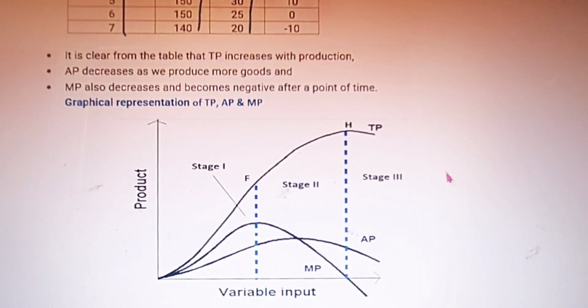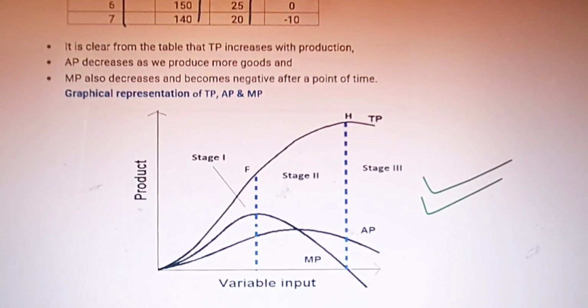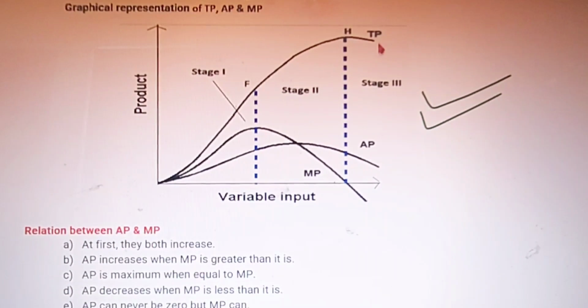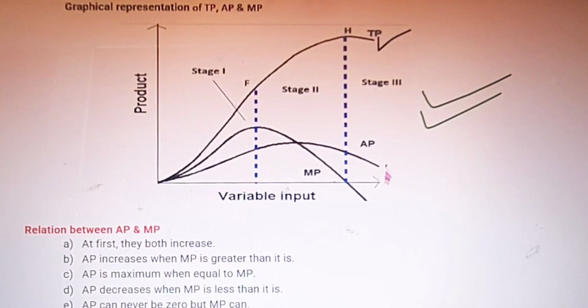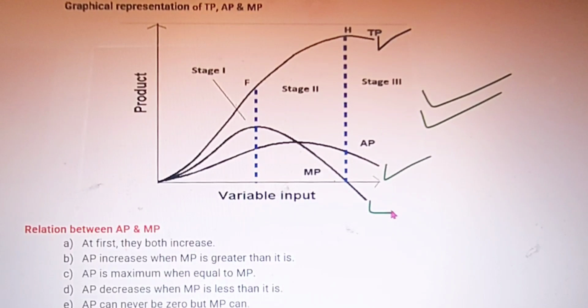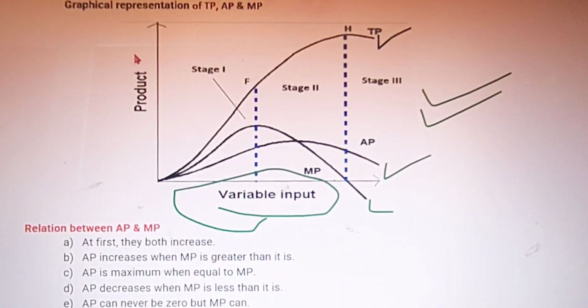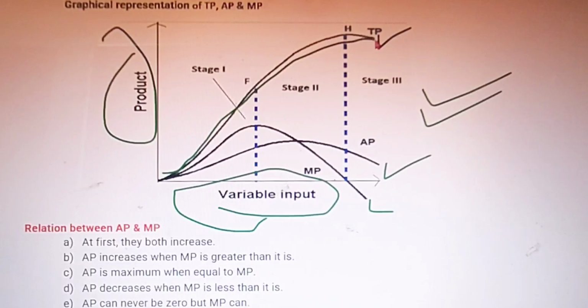Okay, now this is the graphical representation of TP, AP and MP. And as you can see here, there are 3 stages and 3 curves. This is TP, this is AP, and this is MP. On the x-axis is the variable input, the units of labor. And as you can see here, the TP increases and after a certain time it starts falling down.